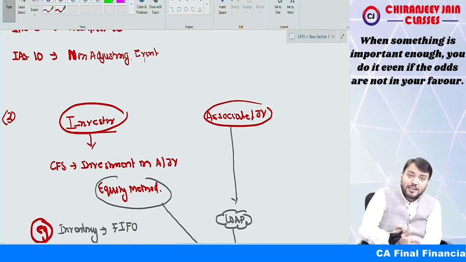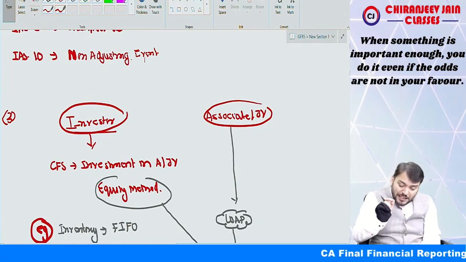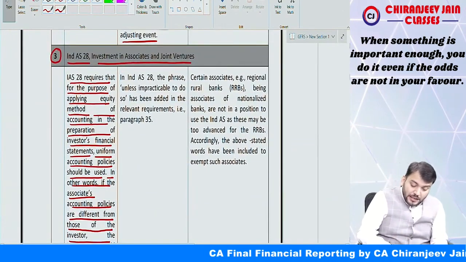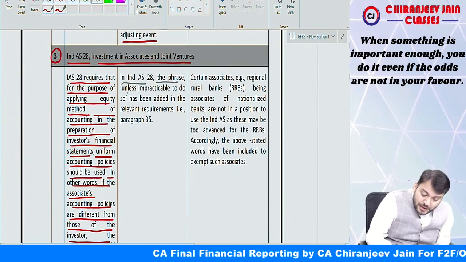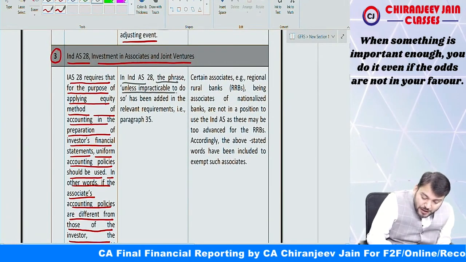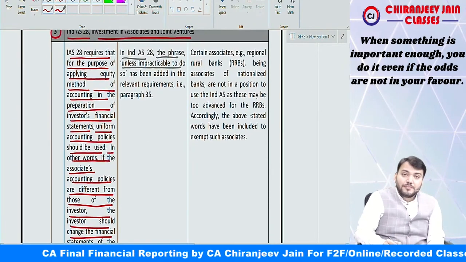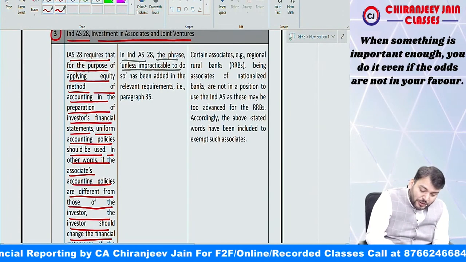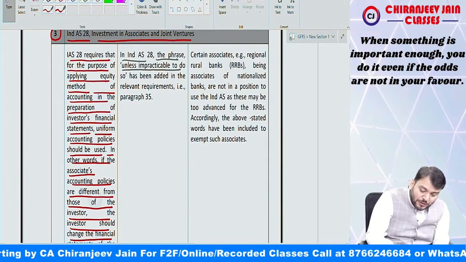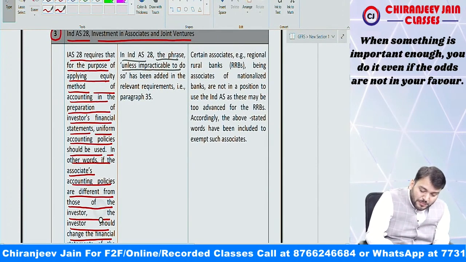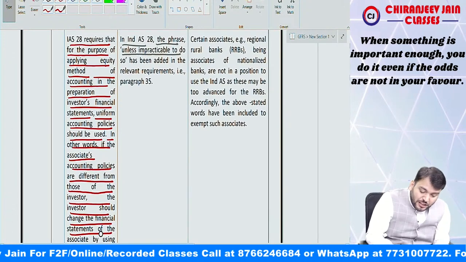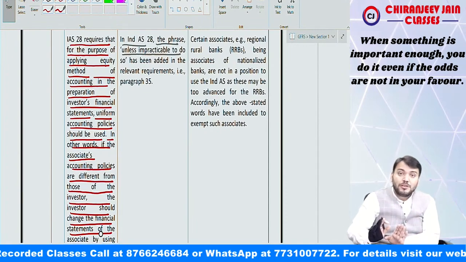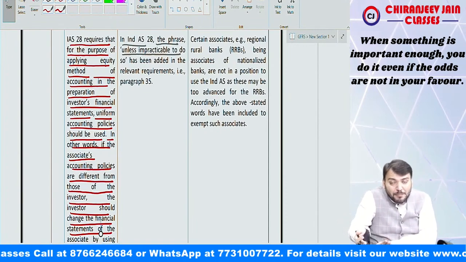Means IAS 28 and Ind AS 28 say the same point, but Ind AS 28 has added one phrase. What have they said? Just check. Ind AS 28 also requires that for the purpose of applying the equity method of accounting in the preparation of investor financial statements, uniform accounting policies should be used unless impracticable to do so.